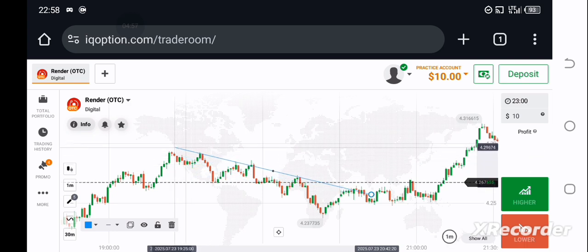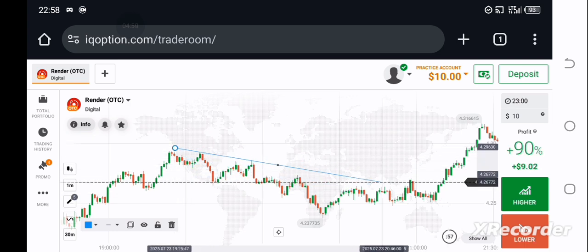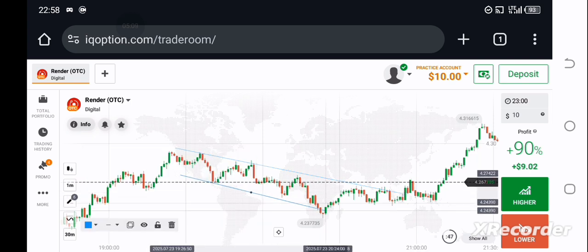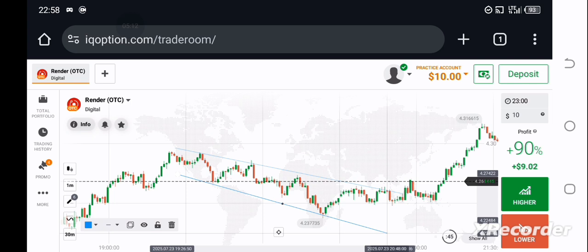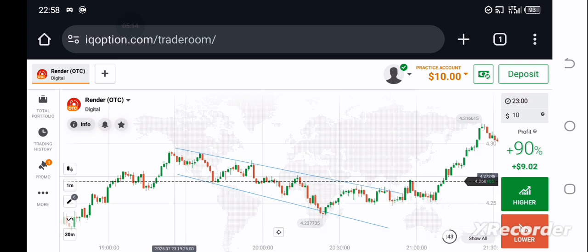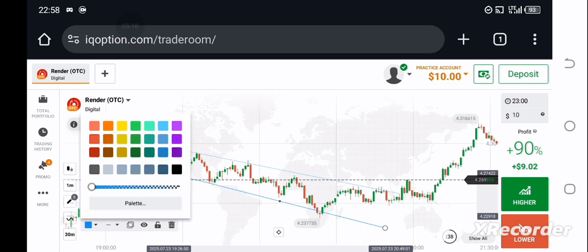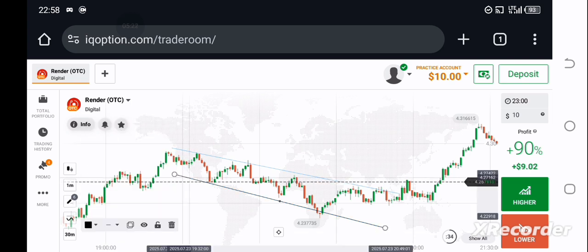You connect two areas. Connect both the body of two areas, and then the lower side also. So let me make it bold and a bit darker for clear visibility.